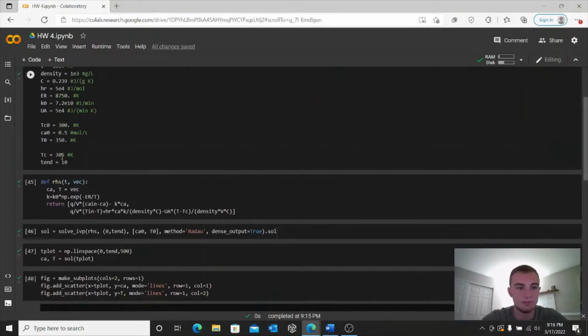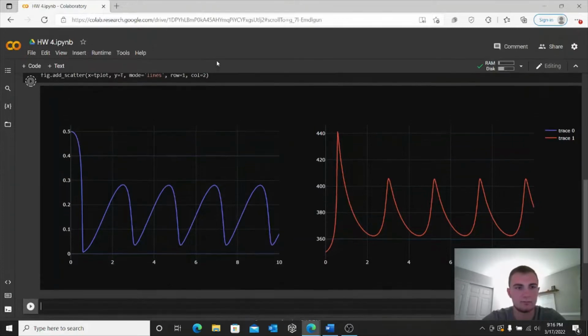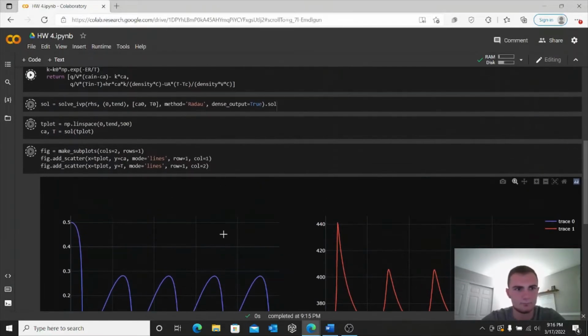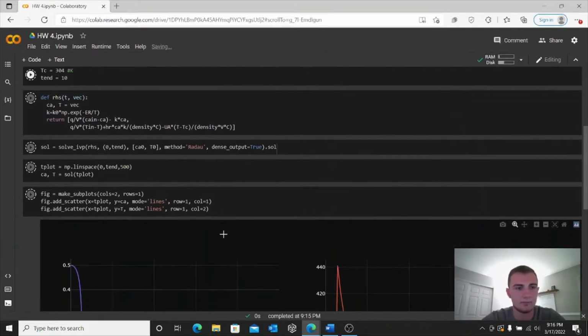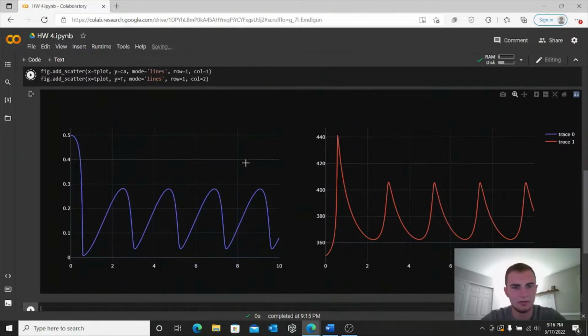And if we look at different temperatures, like if we go down to 304, we'll look at this here. Okay, so I'm having a little bit of trouble loading this, it looks like.